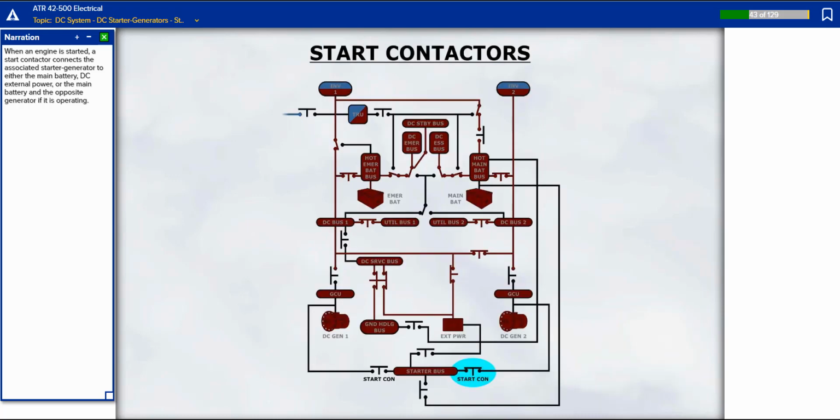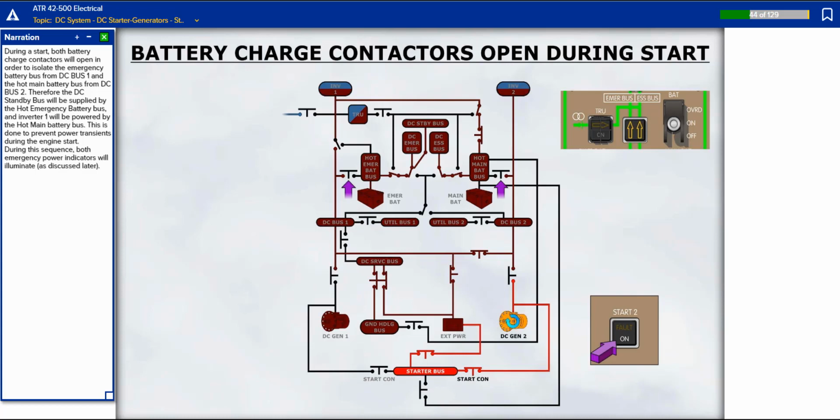When an engine is started, a start contactor connects the associated starter generator to either the main battery, DC external power, or the main battery and the opposite generator if it is operating. During a start, both battery charge contactors will open in order to isolate the emergency battery bus from DC bus 1 and the hot main battery bus from DC bus 2.